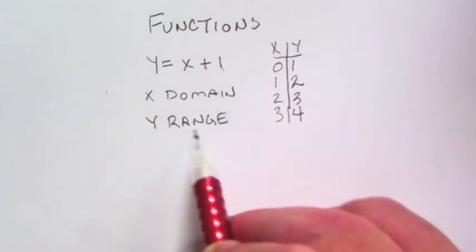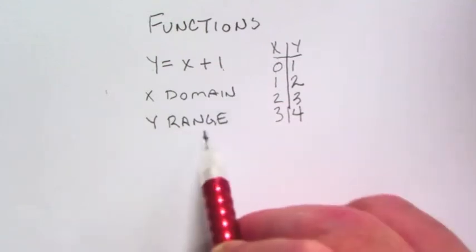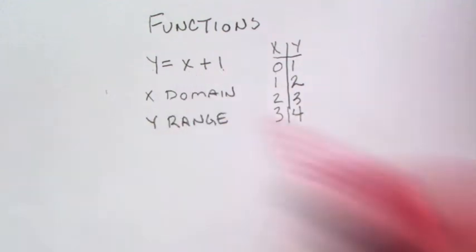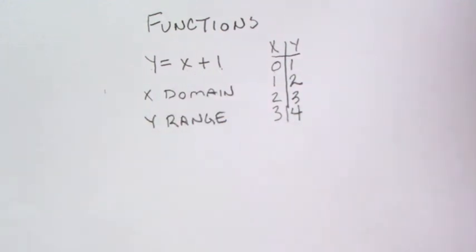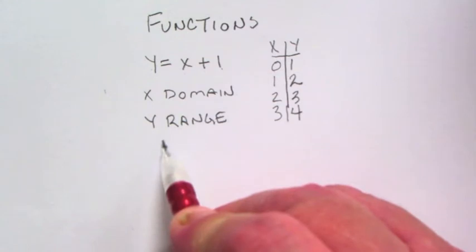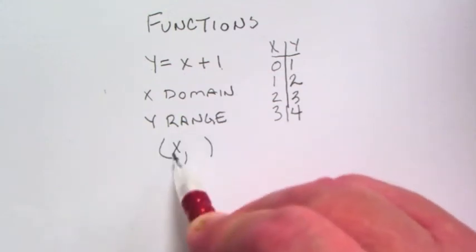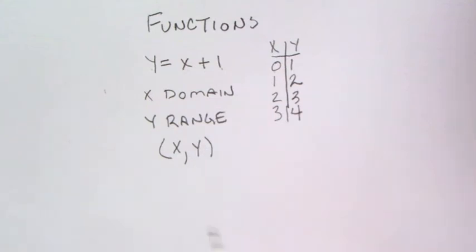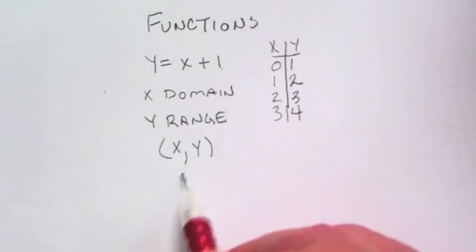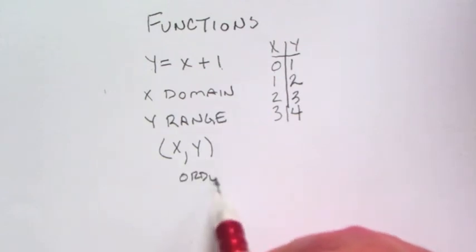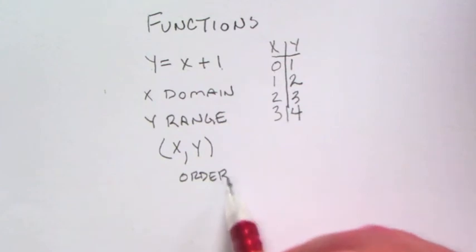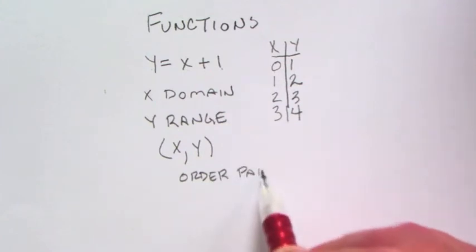The range is the output or the dependent variable, because y depends on x. Since we know those two things, here is a relationship that we've seen before, where there's parentheses, an x value and a y value, a domain and a range. These are called coordinates or ordered pairs.